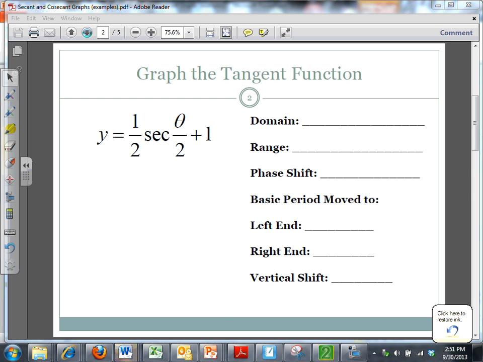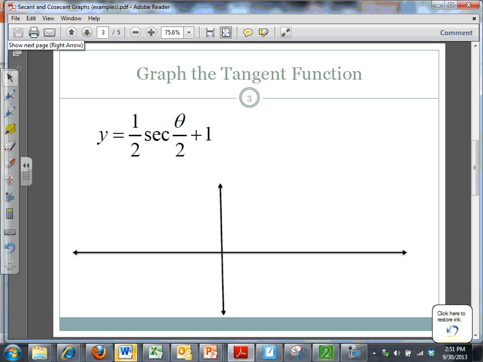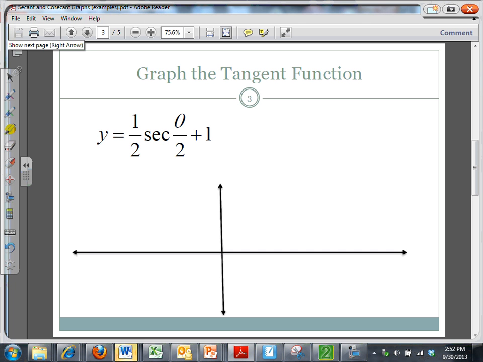Okay, now let's go ahead and graph it. Alright, so you do what you always do. You take your period, which in this case was 4 pi, divided by 4, and that means you add pi to your answers.